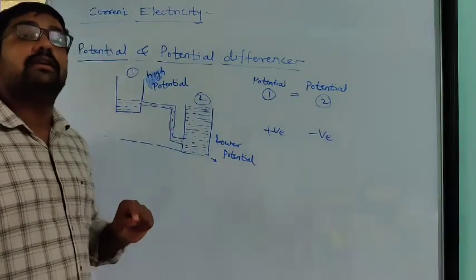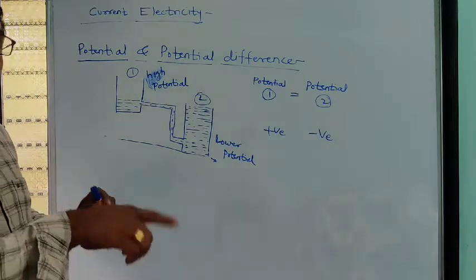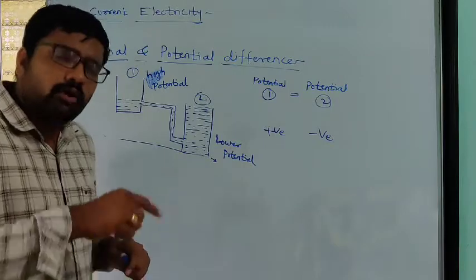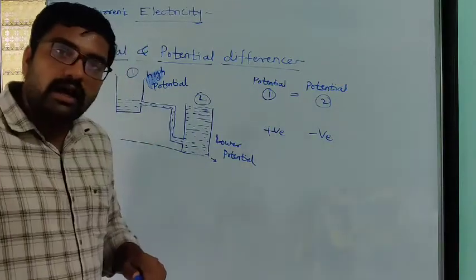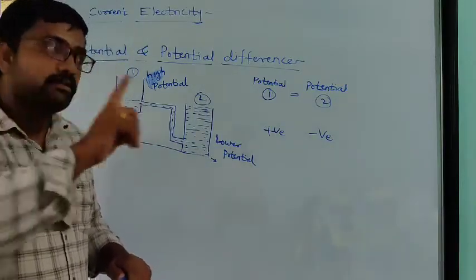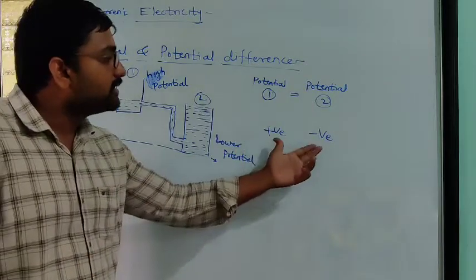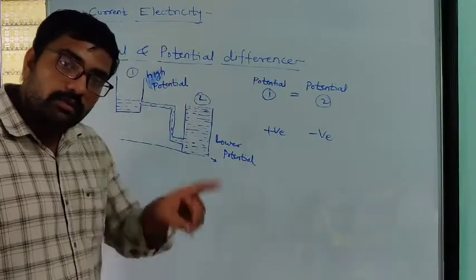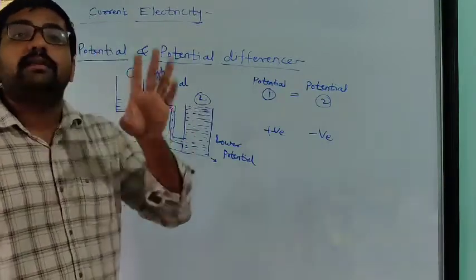But actually electrons flow from the negative terminal to the positive terminal of the battery, from lower potential to higher potential. In the case of electrons, these flow from lower potential to higher potential.